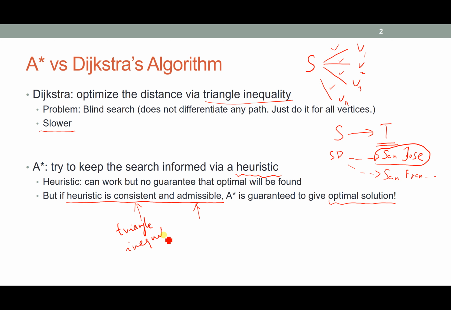If your heuristic satisfies the triangle inequality, it is consistent. Admissible means you never overestimate. Those are the two properties. Later on, I'm going to show you one example, and hopefully this will make sense. But this is kind of what A-star is about. With a good heuristic, it is guaranteed to give an optimal solution.